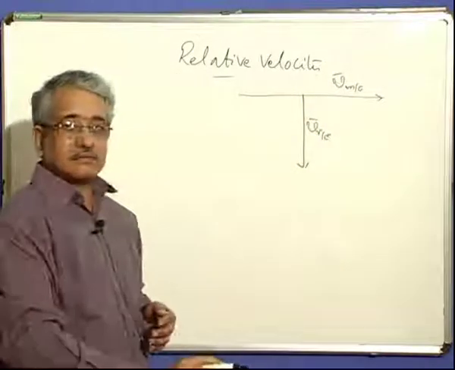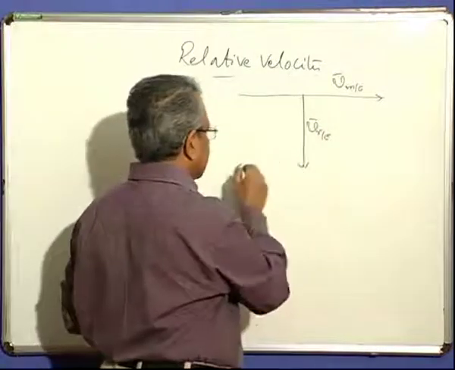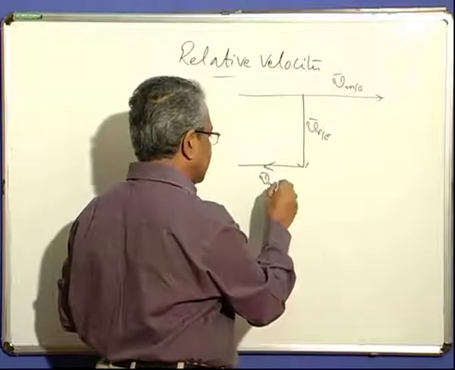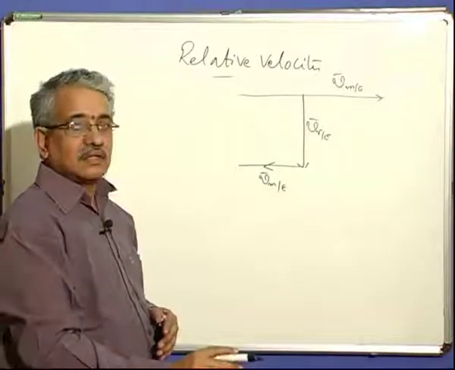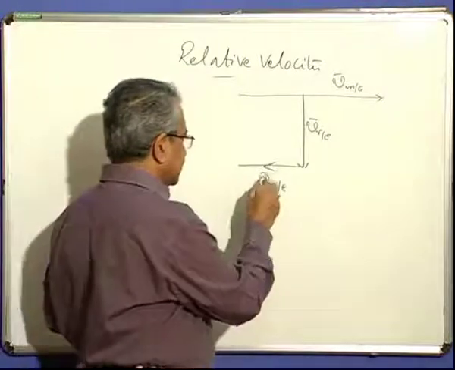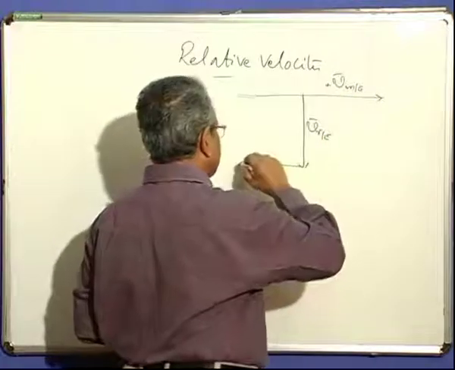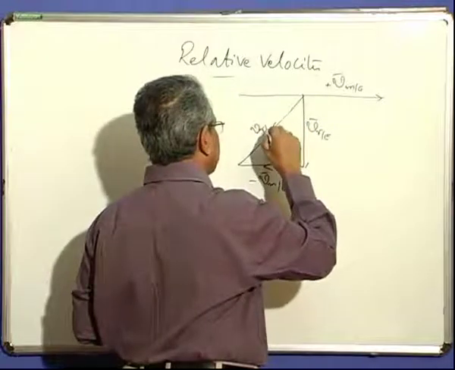So what will you see? Actual velocity of the rain plus the reverse velocity of the man. Man will see his velocity also in the opposite direction. This is plus, this is minus. So the resultant of these two, taken from the triangle, gives you the velocity of the rain with respect to the man.